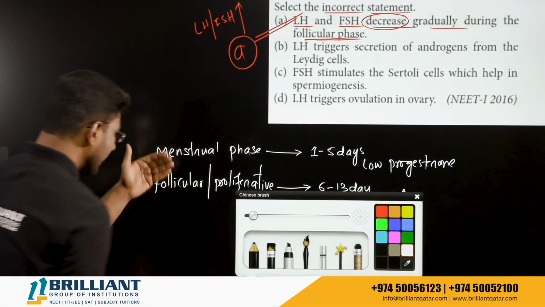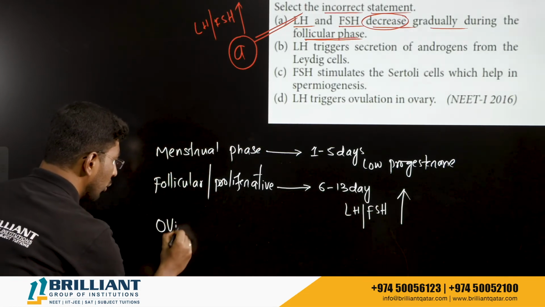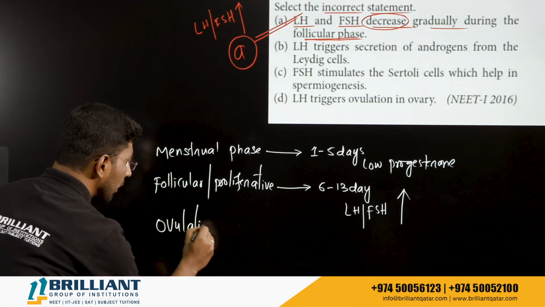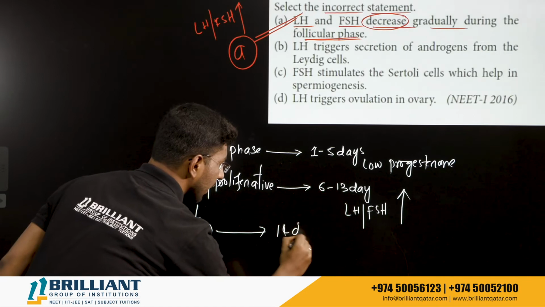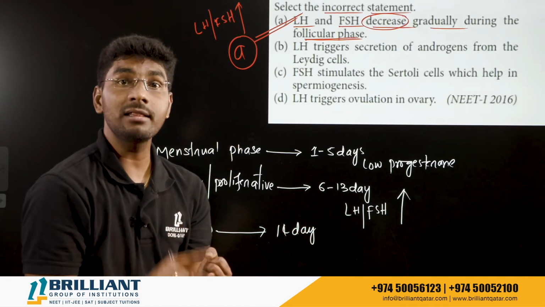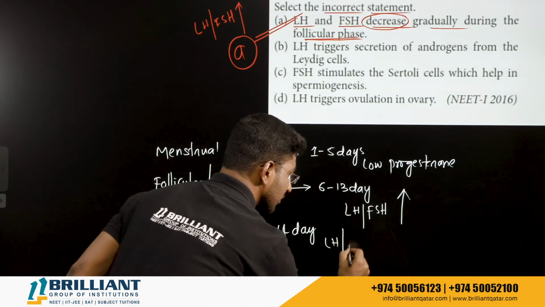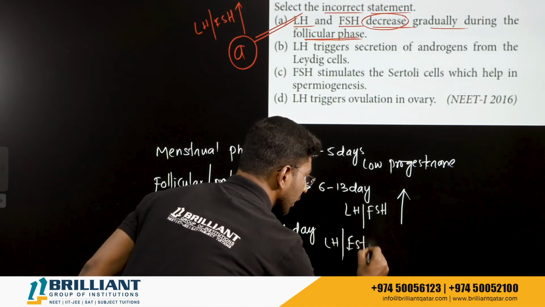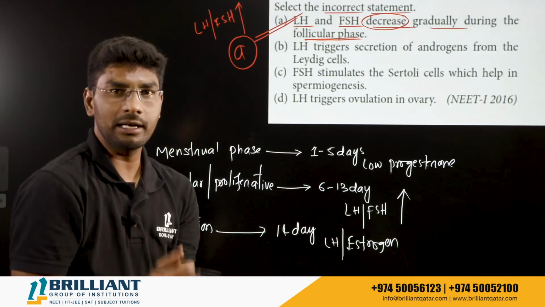The next phase after the follicular phase is called ovulation. Ovulation takes place on the 14th day, under the influence of estrogen hormone and LH hormone. The pituitary hormone is LH, we call it the LH surge, and the ovarian hormone is estrogen. These two hormones are at peak level.